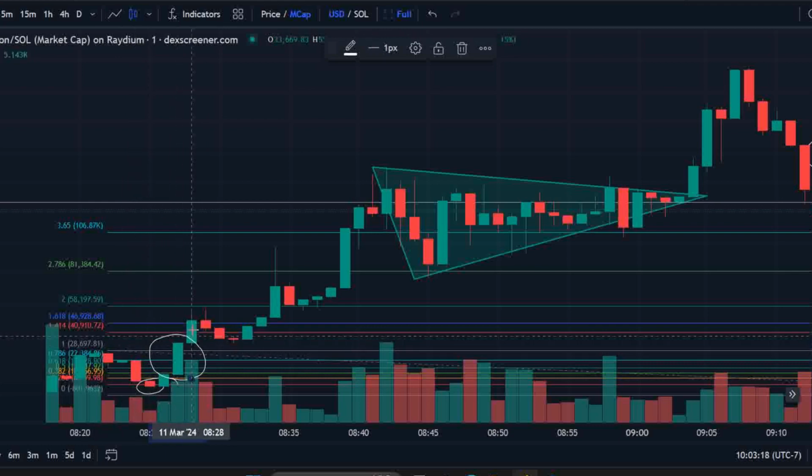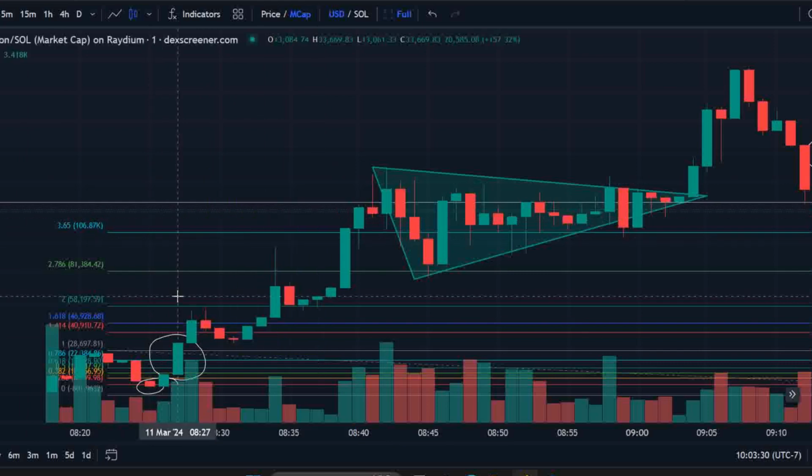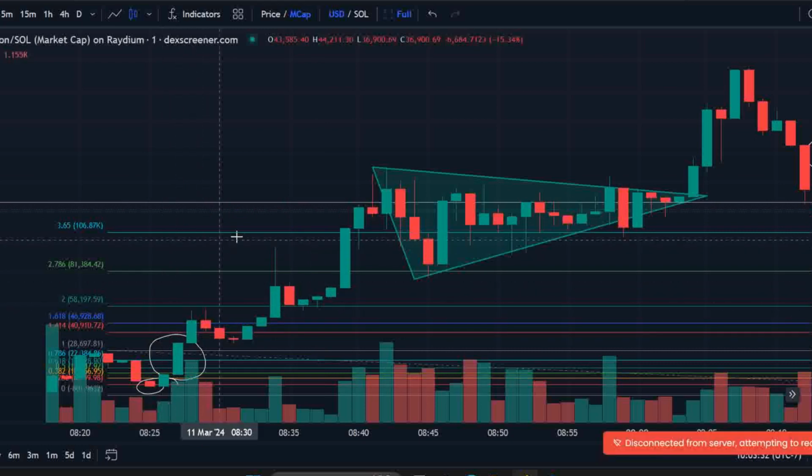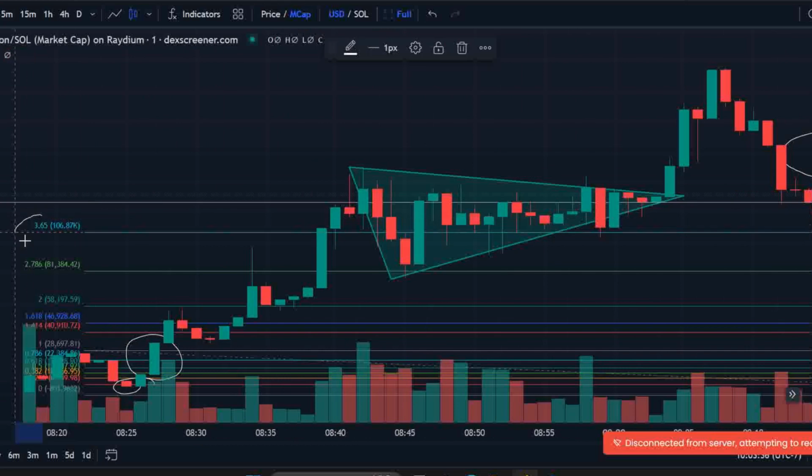A little retrace, and you see all this, you could get in the trade already, get out your 280%, because you would know that you can hold it until the 365 Fibonacci level, okay?